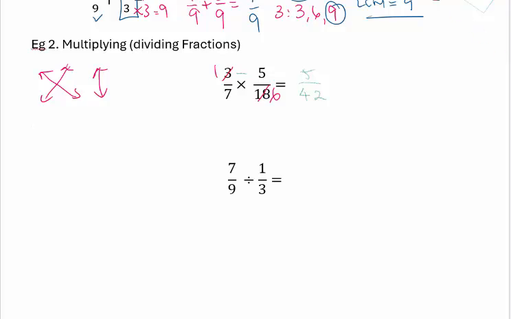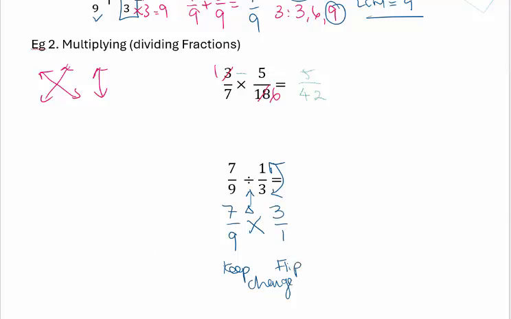What does that look like? I'm going to keep 7 on 9. I am changing the division to a multiplication, and then I am flipping to the reciprocal, which is 3 on 1.